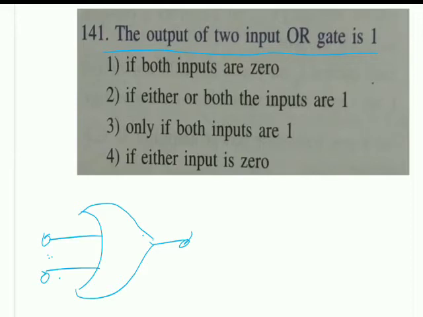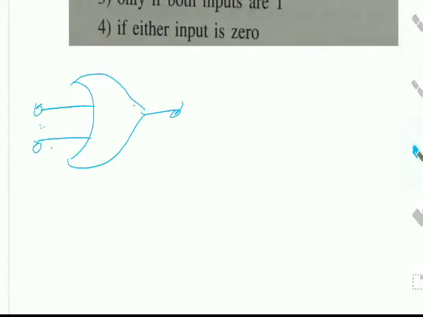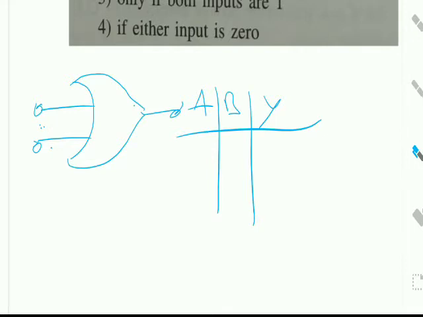And the truth table: A, B, Y. A is 0 1 0 1, B is 0 0 1 1, and the output is 0 1 1 1. This is the truth table of the OR gate.